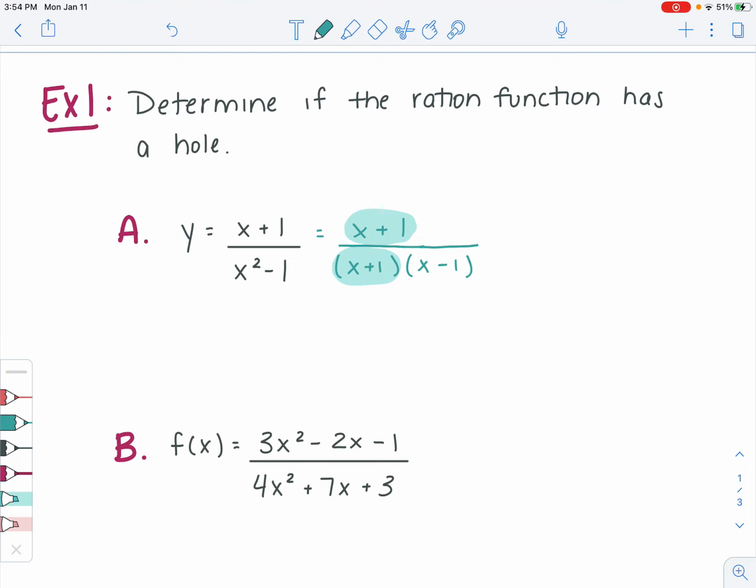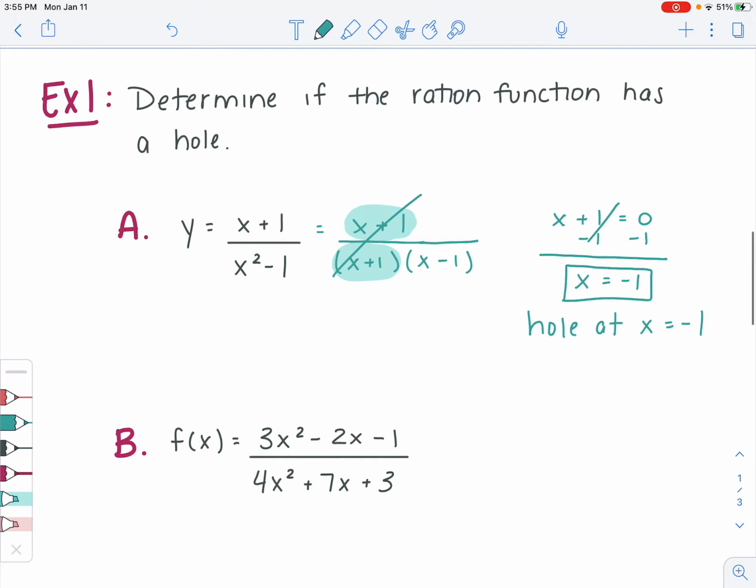If I were simplifying this, I would be able to cancel them out. So I take x plus 1, set it equal to 0, subtract the 1 on both sides, and I get x equals -1. So my hole is at x equals -1.